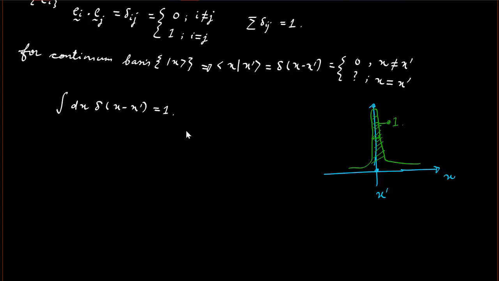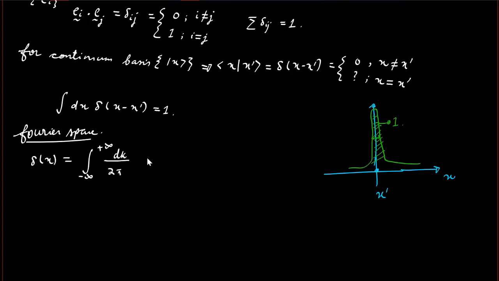So now if I express this term in Fourier space, why I am expressing all this in Fourier space will be clear in a moment. In Fourier space I can write delta x equal to the integral from minus infinity to infinity of dk over 2 pi, e to the power i k x.